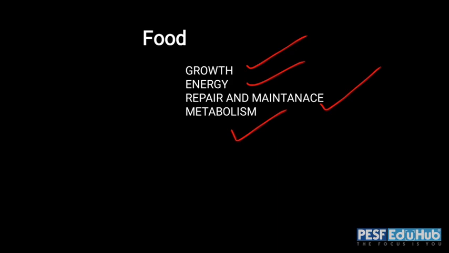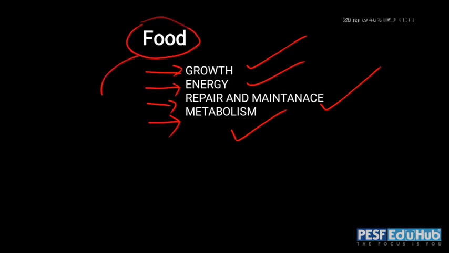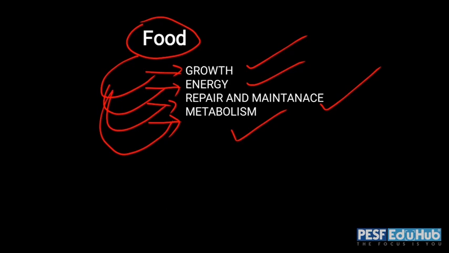All living organisms require food for growth, for energy, for repair and maintenance, and for metabolism. The process of obtaining food for proper growth, for energy, for repair, for metabolism is called nutrition.